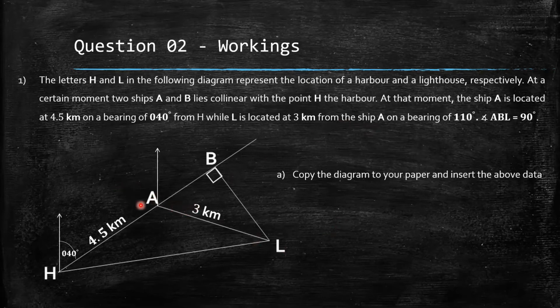And L is located at a bearing of 110 degrees from ship A. So 110 degrees means from north, you count in the clockwise direction, 110 degrees.